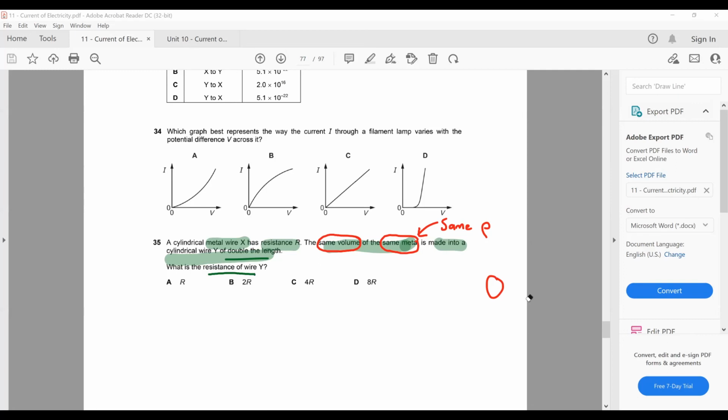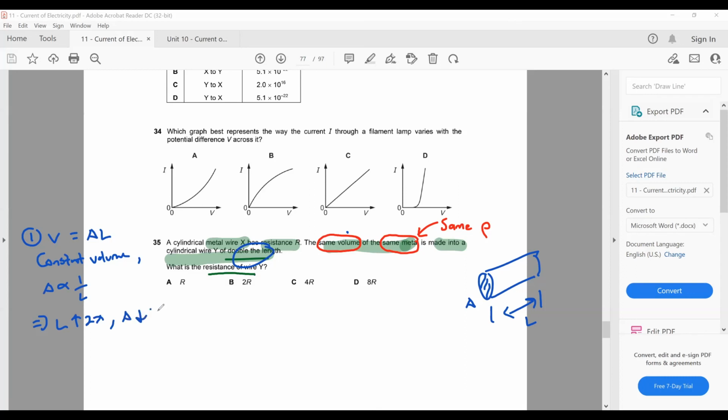If say you have a conductor like this with length L and cross-sectional area A, remember I told you volume is area times length, but now they tell you volume is constant. So constant volume would mean that A is inversely proportional to L. So if you have double the length, L increases 2 times, A will reduce by 2 times. This is the one relation you know.